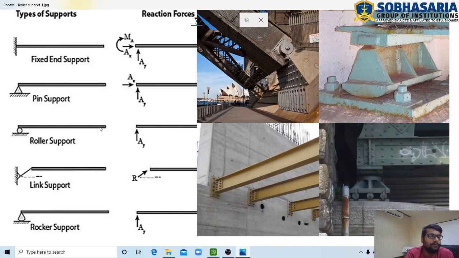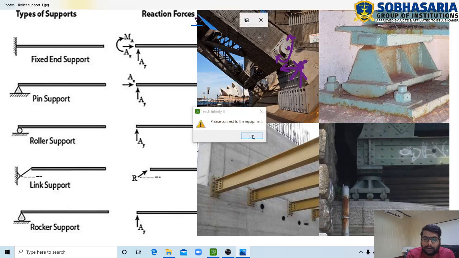All the three forces are restrained. In pin support, you can see movement is allowed. Like this is a pin support, so it can move. The movement is allowed, but no horizontal and vertical displacements are allowed.